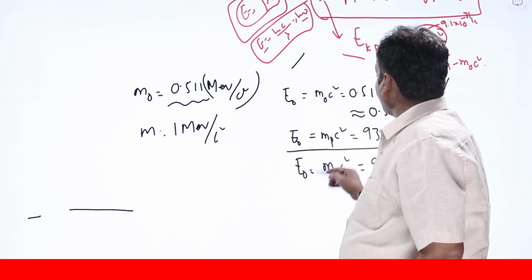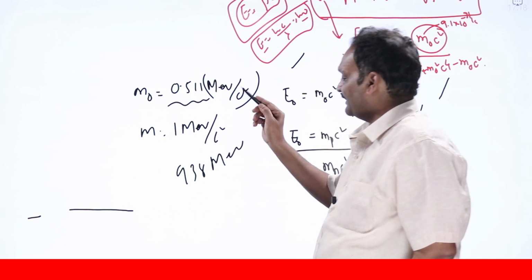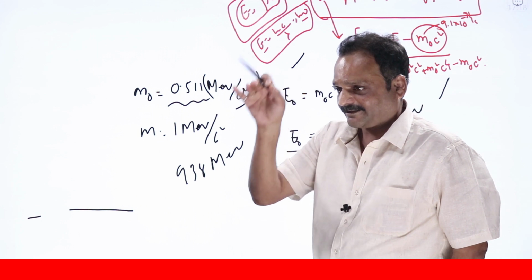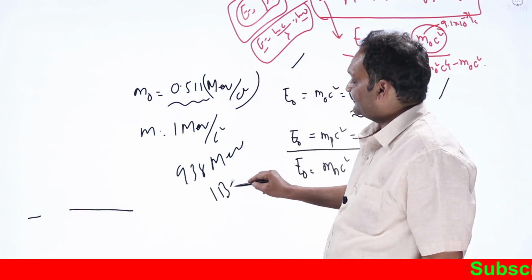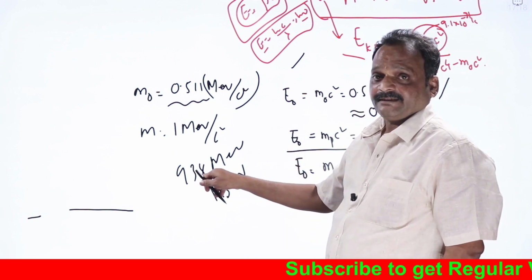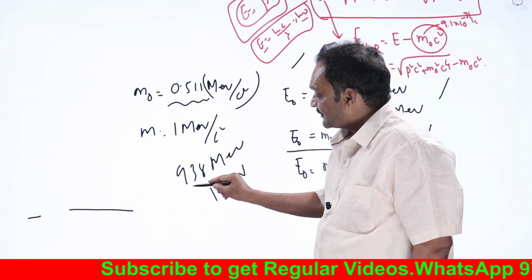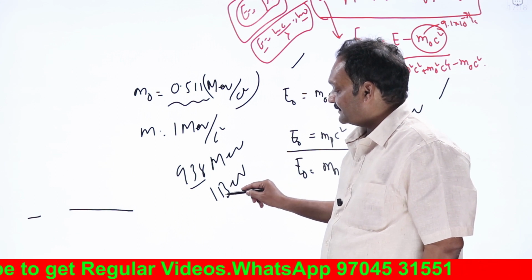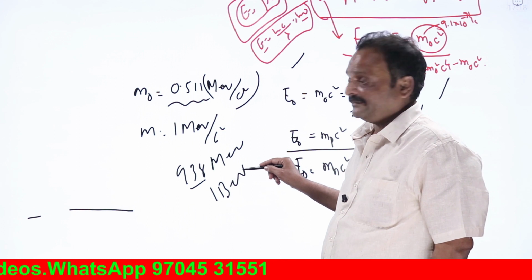Similarly, a proton has a mass of 938 MeV, or 938.2 MeV. I'll understand that the proton is at rest. A proton of mass 1 BeV, 1 billion electron volts, is roughly 1000 MeV, but its rest mass is 938 only. 1 BeV means 10 to the power 9 eV, that is 10 to the power 3 MeV, 1000 MeV.